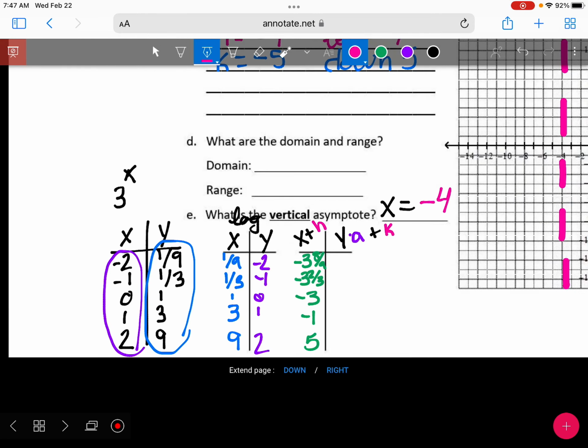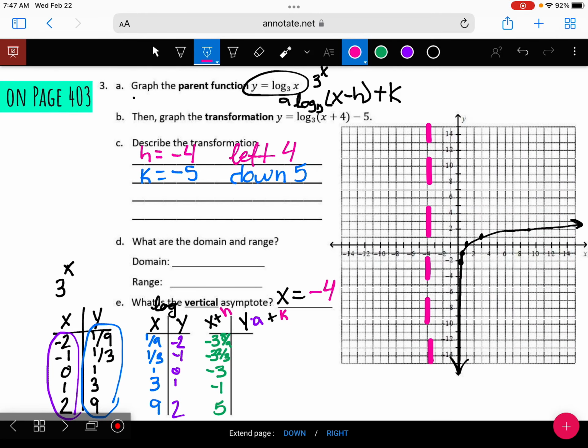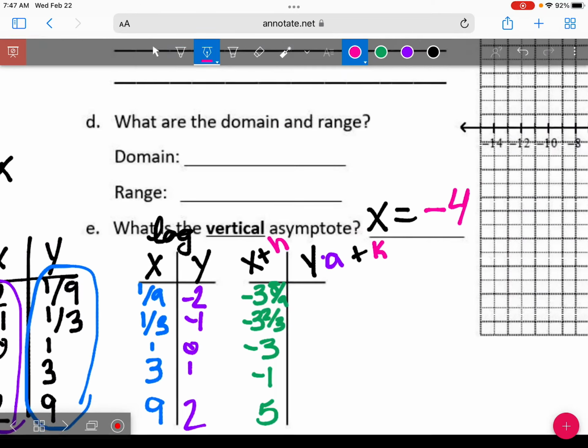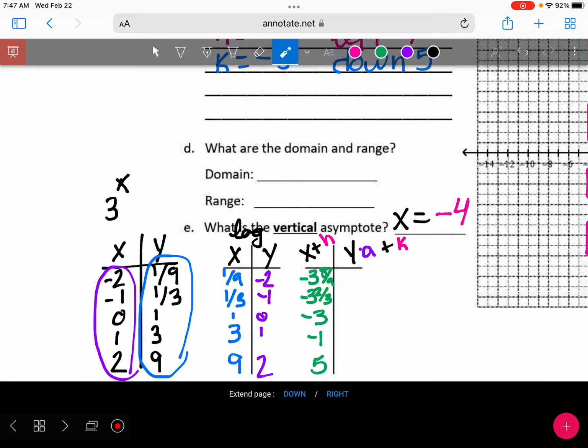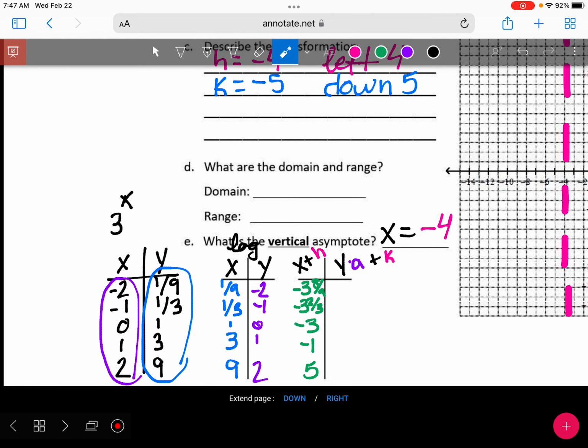In this one, we don't have an a value because we want to kind of start you off easy. But I know we're a little close to the end of our time, so I want to make sure we introduce that. So we're going to take these y values here. We're going to go times a plus k. In this case, our a is 1, so we're just going to take our -2 plus -5.